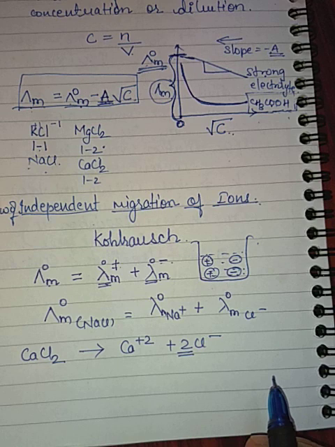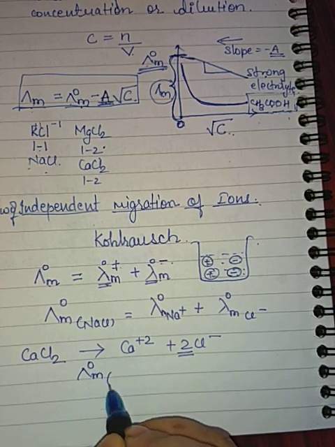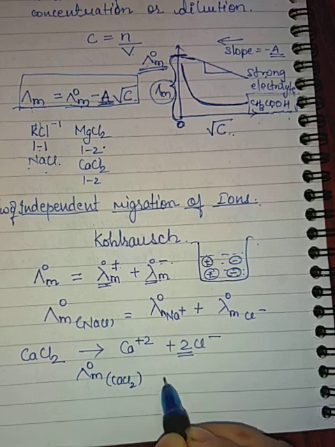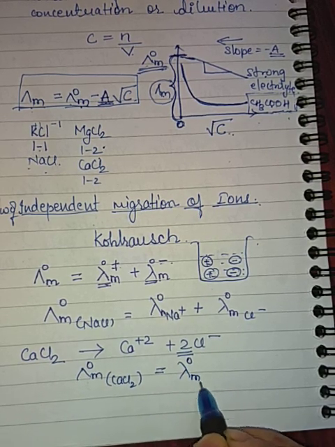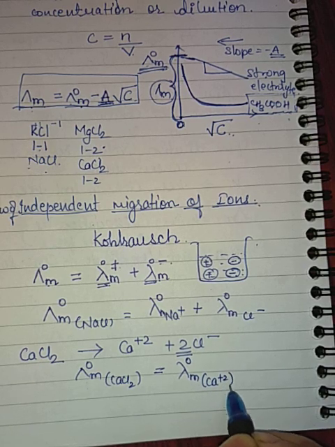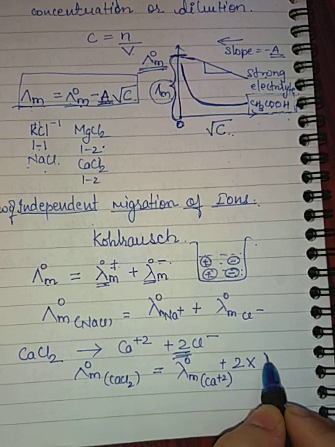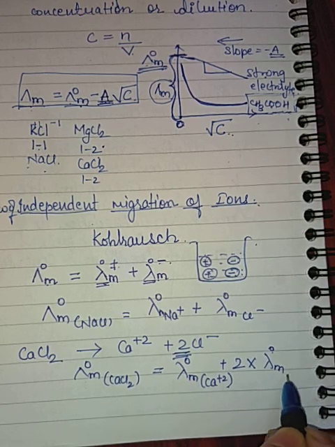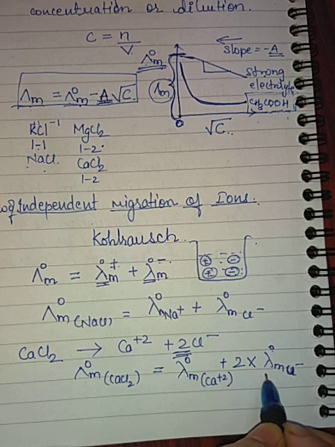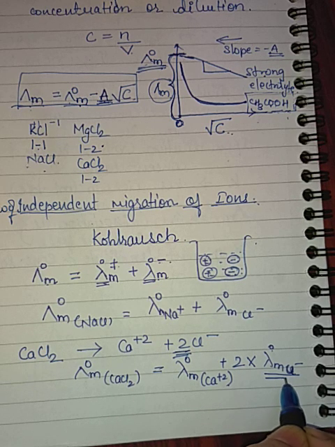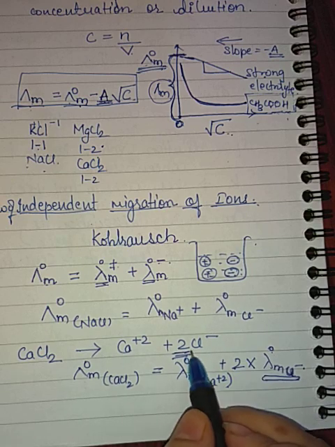This is important, that is why I gave you this example. So limiting molar conductivity of CaCl2 will be equal to lambda naught m of Ca plus 2 ions, but since 2 ions are present over here, plus 2 into lambda naught m of Cl minus ion. So this is lambda naught m, individual molar conductivity of Cl minus, multiplied by 2 because we have 2 Cl.